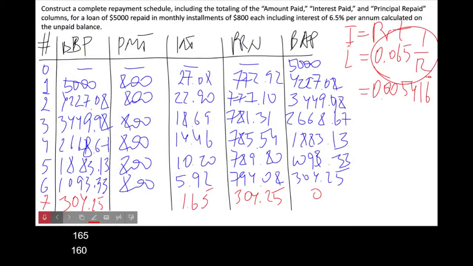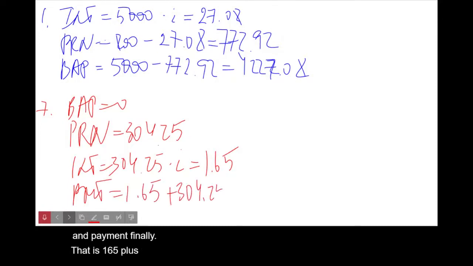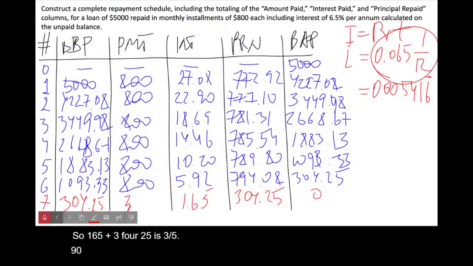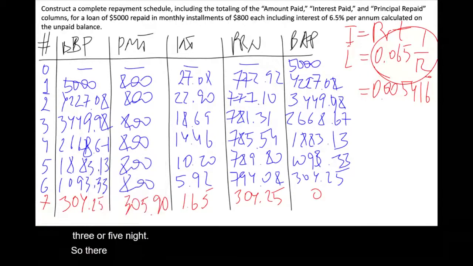And payment finally is 1.65 plus 304.25, which is 305.90. So therefore, the question has 7 payments.